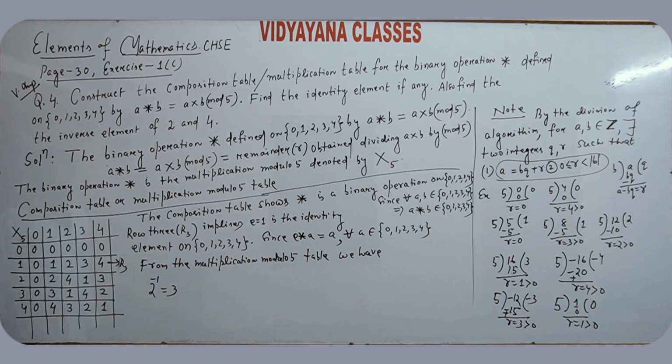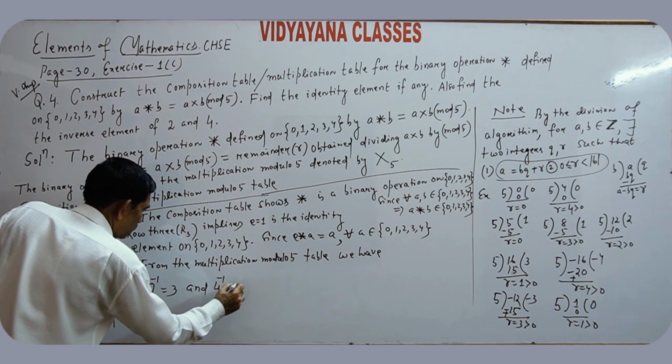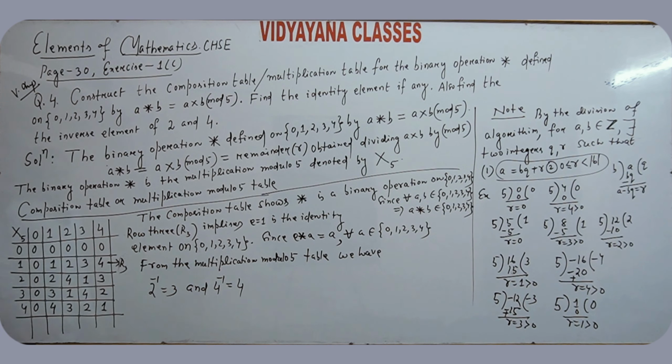And the inverse of 4 is equal to 4. Since 2 into 3 is equal to 6, 5 divided 6 gives the identity element E.